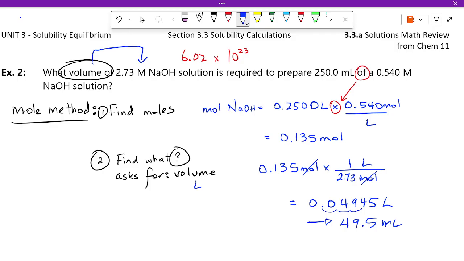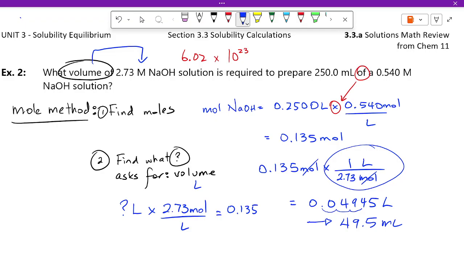Okay. Now, the other thing you could have done, if you were like this business where you turn it upside down, that's confusing for me, you could have said what volume, how many liters of 2.73 moles per liter contains 0.135 moles.